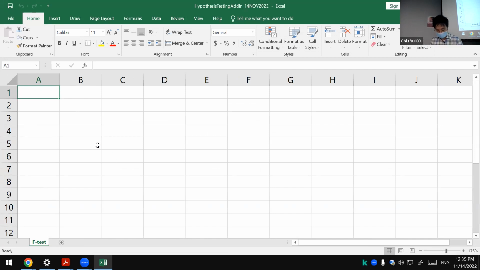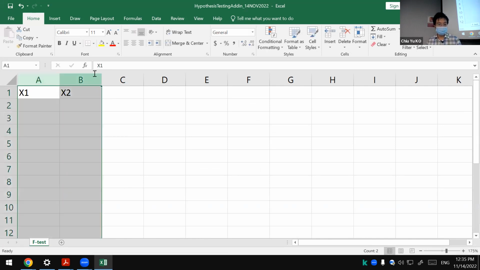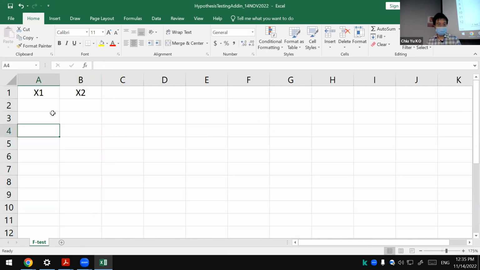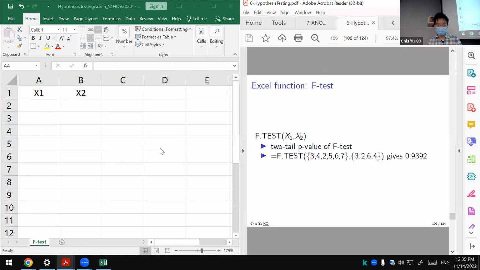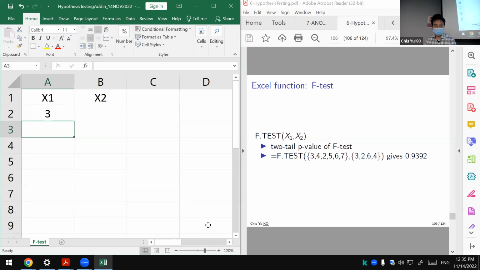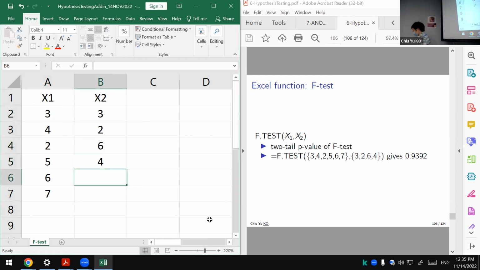So for this F-test, we have x1 and x2, two sets of data. To convince you this is right, I just use the same set of data that I put here.